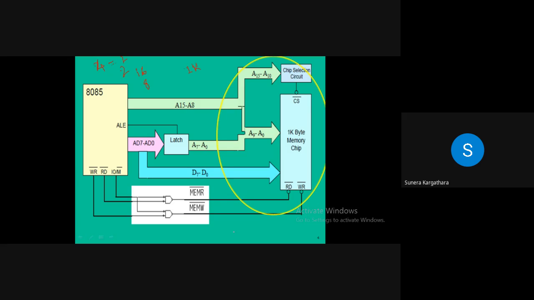Am I communicating, students? To address 1 kilobyte memory I need only 10 address lines. So where will I use the remaining address lines? You can use them to select your chip, in the chip selection circuit. As I discussed in the lab also, think of your mobile. It is not like only one type of memory is connected.